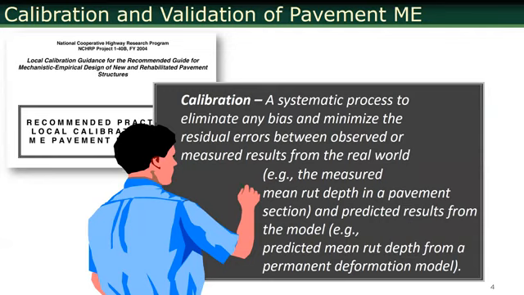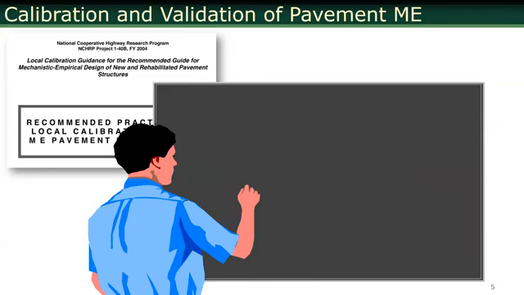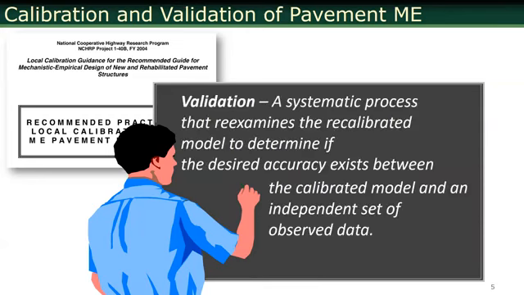What's calibration? The definition is a systematic process to eliminate any bias and minimize the residual errors between observed and predicted results. What cracking you measured in the field, your pavement ME needs to be giving the same numbers. That's the key. Now, when it comes to validation, once you calibrate, you use a set of data that is not used in the calibration step.